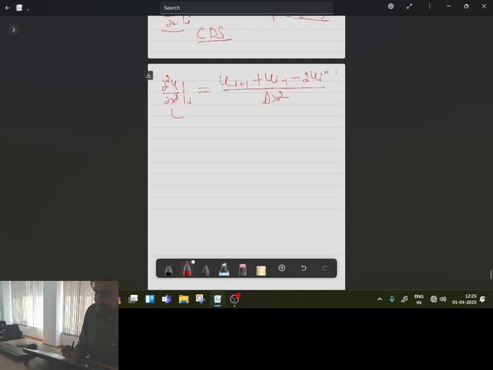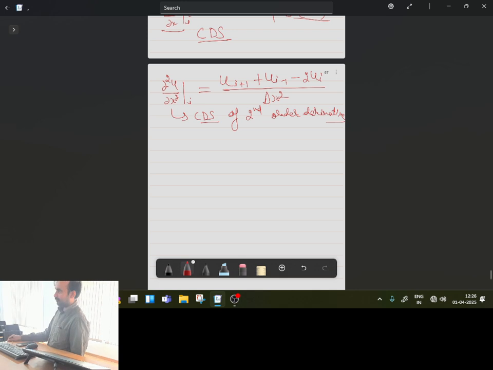So this is the central difference approximation of the second order derivative. Is this one clear? I am not deriving this, I am just giving you the idea, because already in the first order I have given you a brief idea of where this comes from.